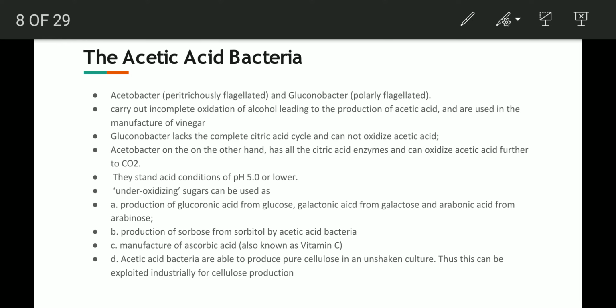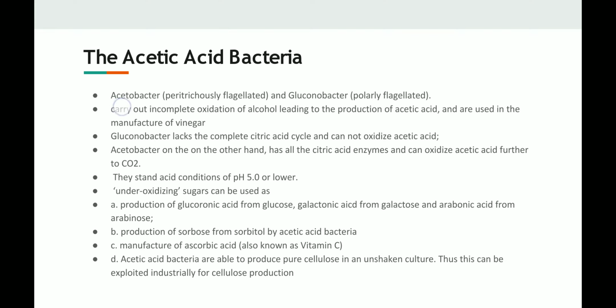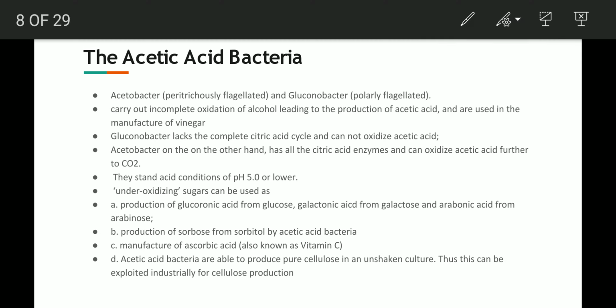The acetic acid bacteria are of 2 types. First is Acetobacter and the next one is Gluconobacter. The Acetobacter are peritrichously flagellated, as in the flagella is present all over the cell wall, and the Gluconobacter is polarly flagellated, as in the flagella is present on the polar ends of the cell wall.